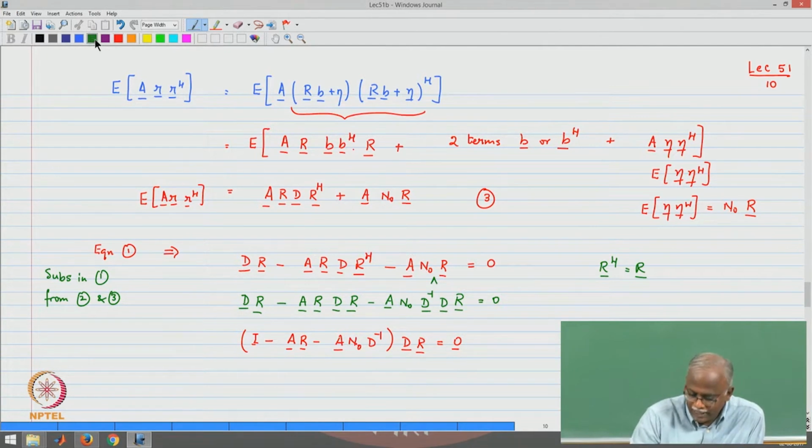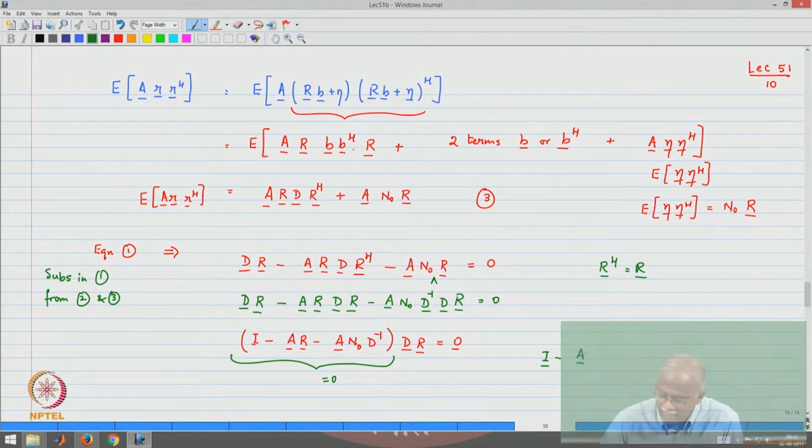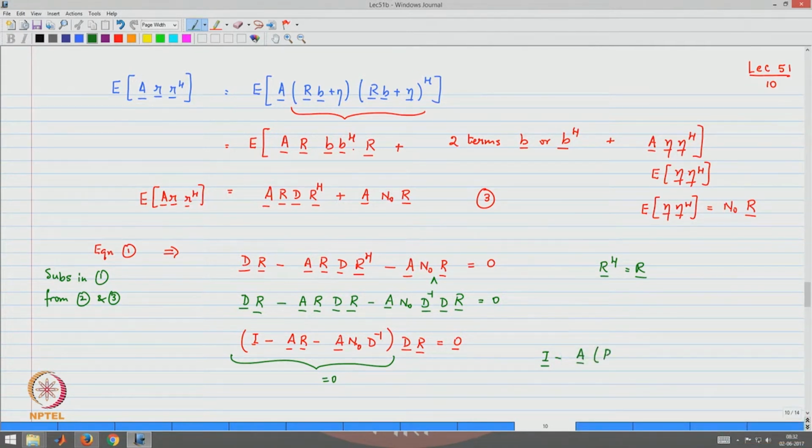So from the observations, this term must be equal to 0, which tells us that I minus a times r plus n naught d inverse, if you factor out the a matrix, must be equal to 0.